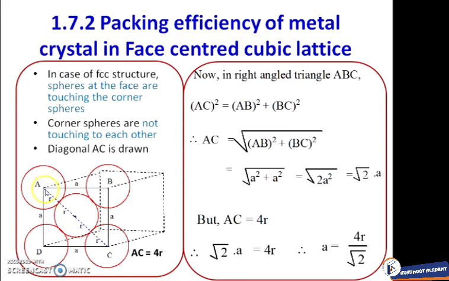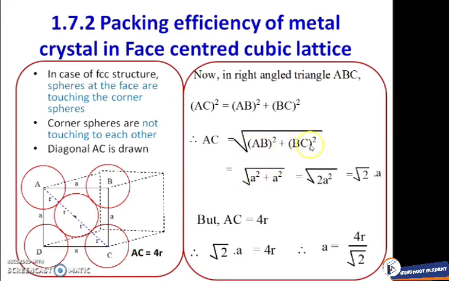Now the distance AC is equal to 4r. This much distance is r, this is 2r, and this is r. So the total distance from A to C is equal to 4r. So AC is equal to 4r. Now consider the right angle triangle ABC. In this triangle, AC square is equal to AB square plus BC square. Therefore AC is equal to under root AB square plus BC square.